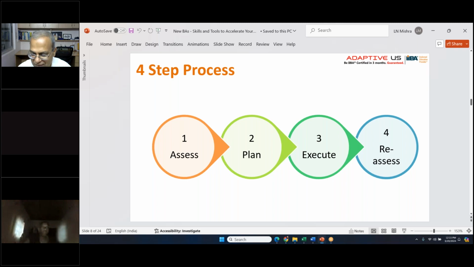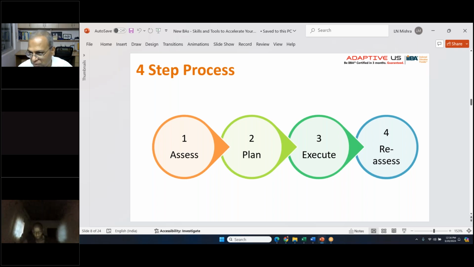So I'm going to show you a very simple free assessment tool which you can use to assess your skills in multiple areas. Then after the assessment, we get a result. And based on that result, we create a plan for ourselves saying, okay, I am not so good in these areas. And how do I make myself better in these areas?